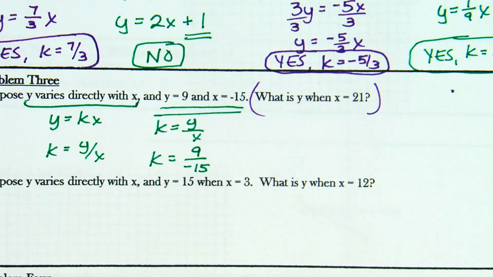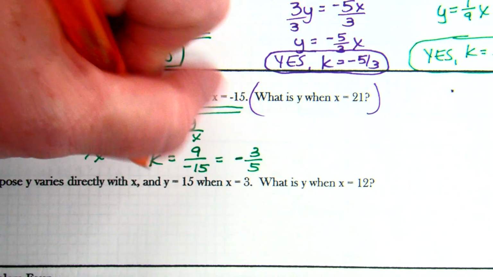It can reduce, can't it? Yeah, by 3. What can 9 and 15 both divide by? 3. So we get 3 over 5, and there's a negative. So k is negative 3/5.